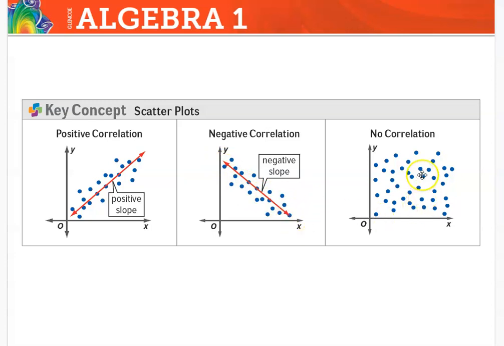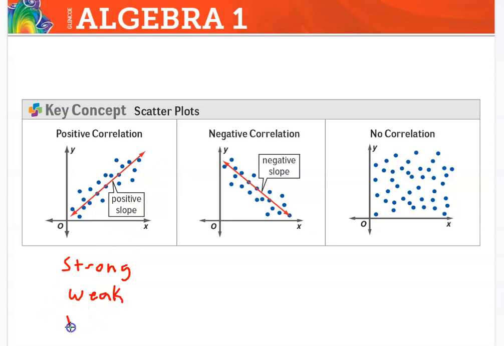And if they're practicing that social distancing, that would be no correlation. The dots are kind of just spread out all over the place. Nothing really good going on here. In addition to that, you can have a different strength for each correlation. So for instance, over here, for these two, you can have a strong positive and a weak positive.